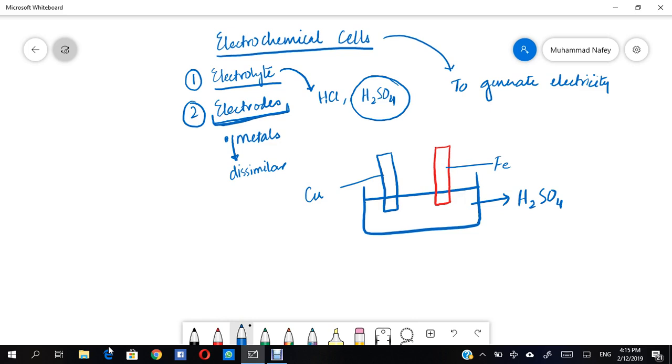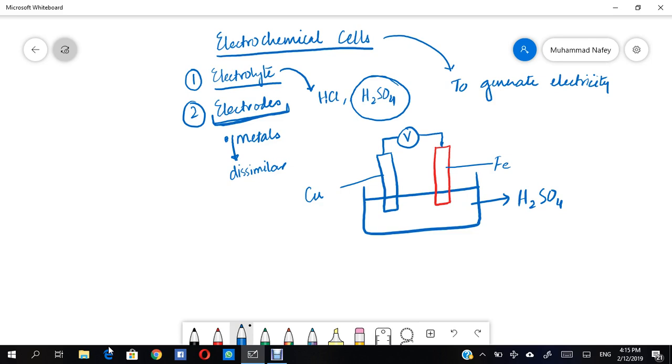Obviously, we don't need a battery here, but in order to see that electricity is being generated, I'll make a voltmeter here, which will tell us that electricity is being produced, and additionally what the voltage of the electricity being produced is.